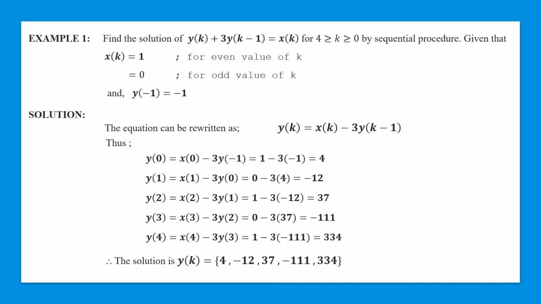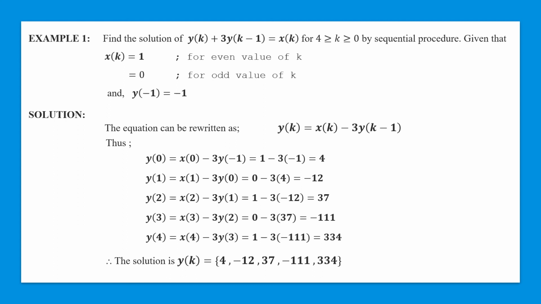As we know that x(k) is equal to 0 when the value of k is odd, and 1 is odd, so x1 will be 0. So we put here 0 - 3 into y0. We already got the value of y0 is 4, so the total will be -12. In this way we can find the value of y2, y3 and y4.